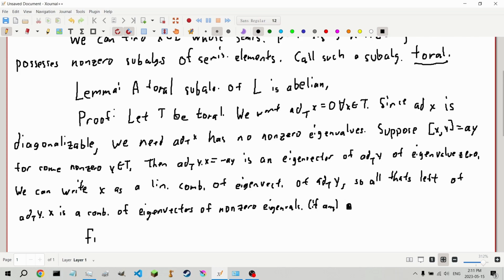So we're going to fix a maximal toral subalgebra. I guess this isn't necessarily unique. H of L, so H is not included in any other toral subalgebra of L.